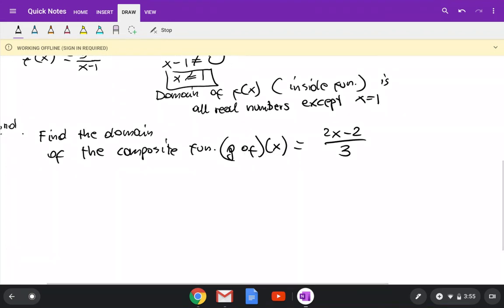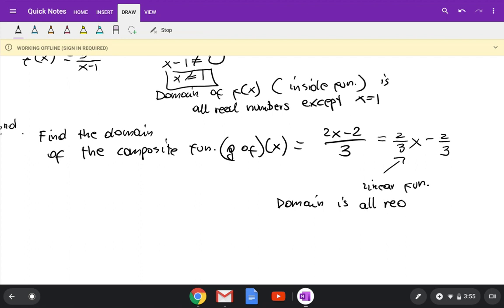This function is actually a linear function, because to see that better, you can simplify it, and this function is the same as 2 over 3 of x minus 2 over 3. So it's a linear function, not rational. For a linear function, the domain is always all real numbers. The slope is 2 over 3, and the y-intercept is negative 2 over 3.